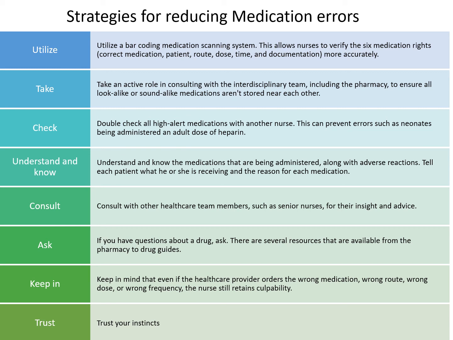Now, being an active part of the team, whether that's with the pharmacist or the healthcare provider, and being involved in the patient's direct care and which medications they're taking. Always double checking high alert medications with another nurse. So this can prevent all kinds of medication errors. And as I said before, there's a number of high alert medications that need to be double checked.